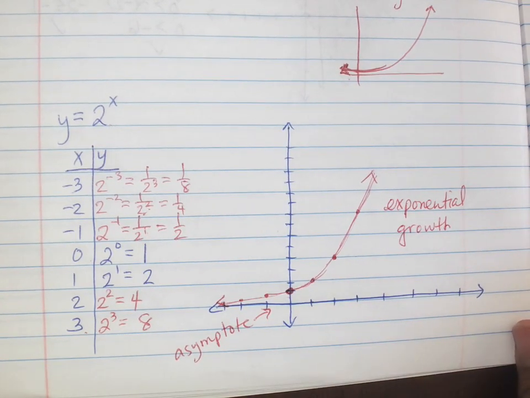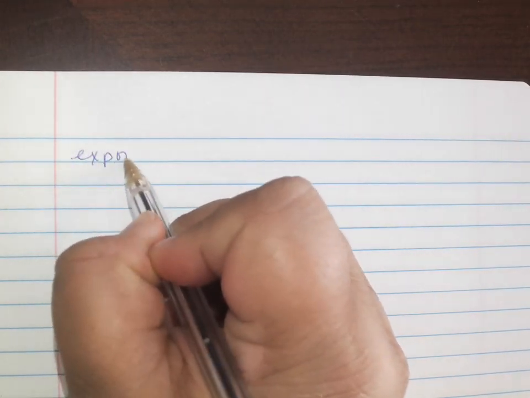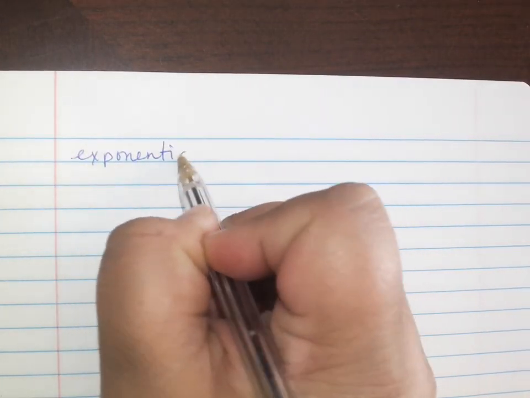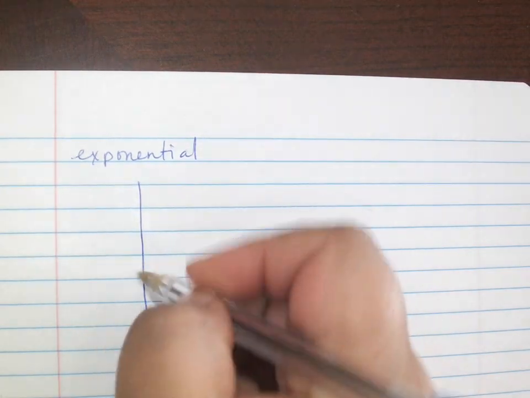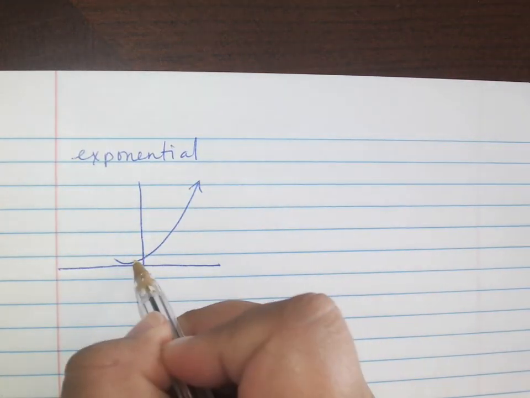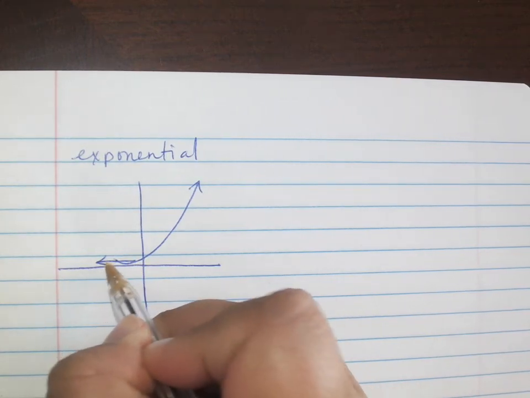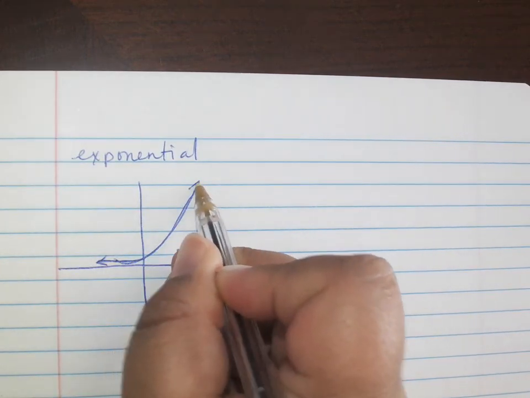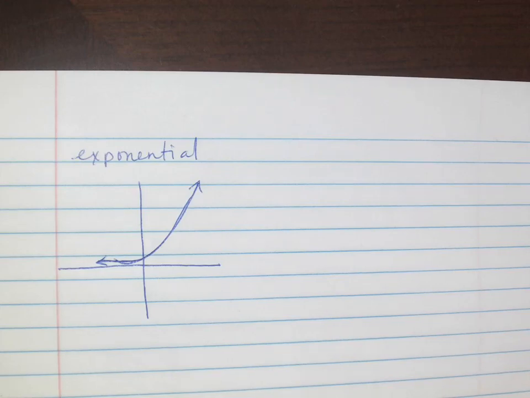Now your IXL is asking you to identify different functions. We just talked about an exponential function. I'm going to roughly graph an example. So this is exponential. It's blowing right up. Or you can have it go the other way, where it's really decreasing.